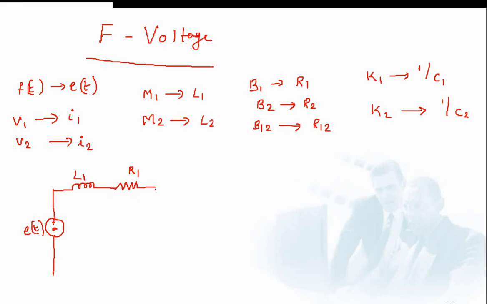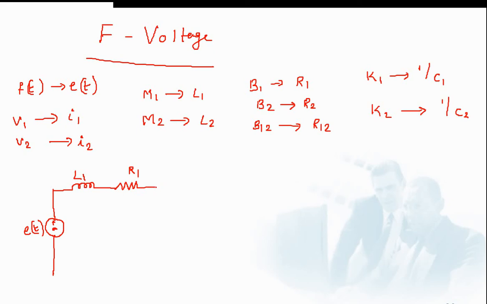Now, what are the other elements associated with M1? That is spring K1 and damper B12. But as you can see in the question, that is connected in between M1 and M2. So the corresponding analogous elements in the electrical circuit should be common to the two meshes.